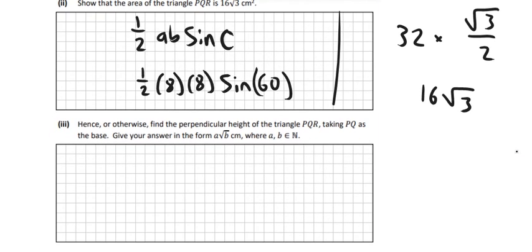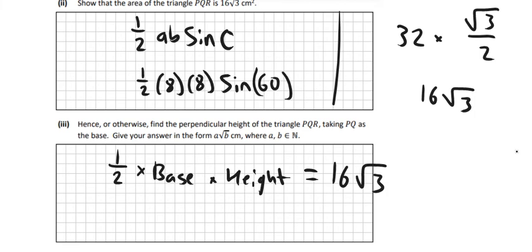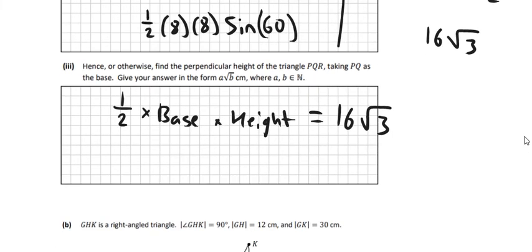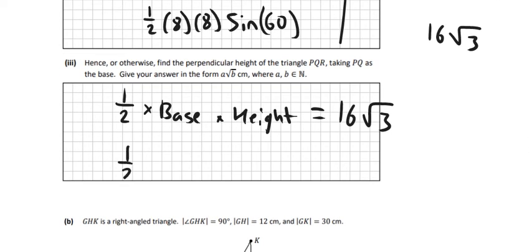Third part then, find the perpendicular height of the triangle, taking PQ as the base. So the other formula then, or the first kind of formula that you learn for area of a triangle is half times base times height. We know that half times the base times the height is 16 root 3 here, because we know that the area of the triangle is 16 root 3. So a half times, and we know that the base is 8, so we're left with the height here really.